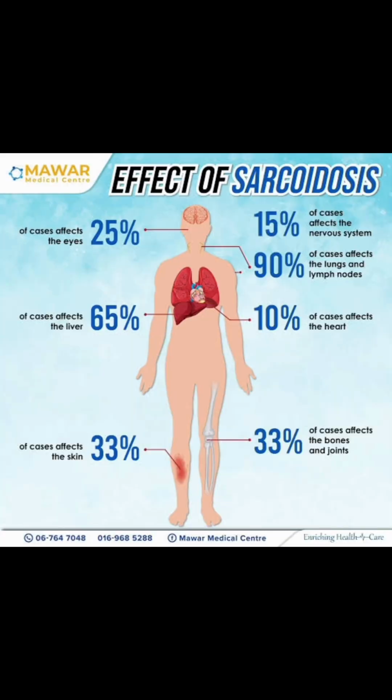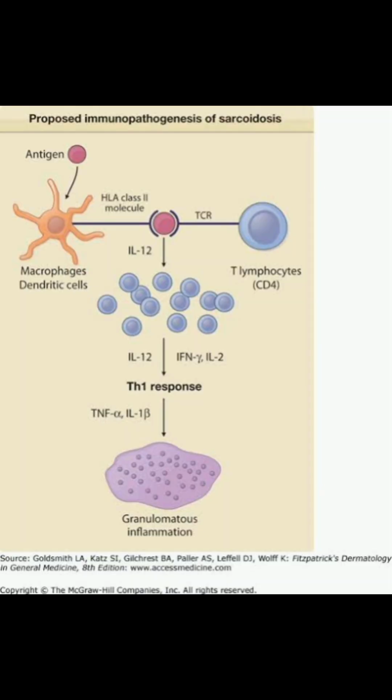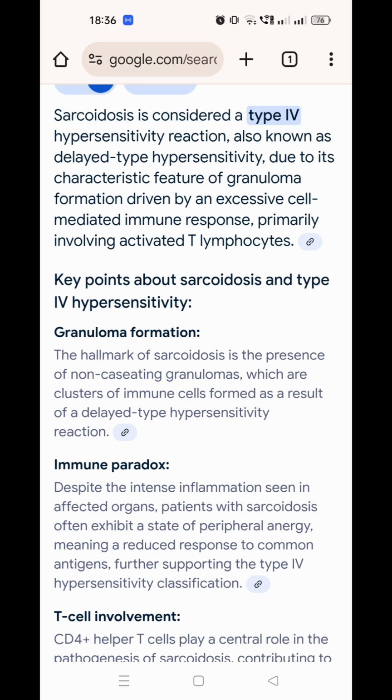Uveitis can cause vasculitis, for example, sarcoidosis, Behçet's disease. Sarcoidosis is an autoimmune disorder which involves multiple systems. There are granuloma formations which are non-caseating granulomas. It involves lungs and eye, brain, other visceral organs, joints, kidneys.